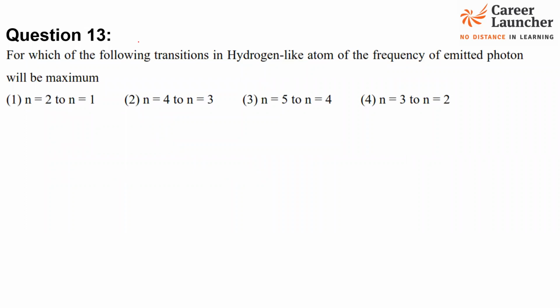Which of the following transitions in a hydrogen-like atom will have the maximum frequency of emitted photon? For the frequency to be maximum, the energy difference should be maximum. So let us first understand what the energy levels are. The first level is minus 13.6, and then it is minus 13.6 upon n square, which for n=2 is upon 4, so that is minus 3.4.